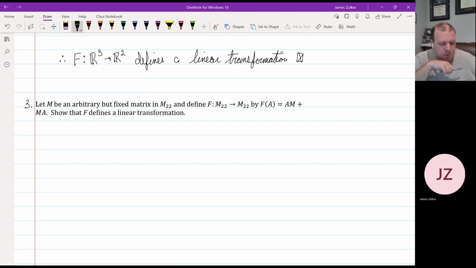Right, so let M be an arbitrary but fixed matrix in M22. Define the transformation from M22 into M22 by this setting: F of A equals AM plus MA. We want to show that this defines a linear transformation.